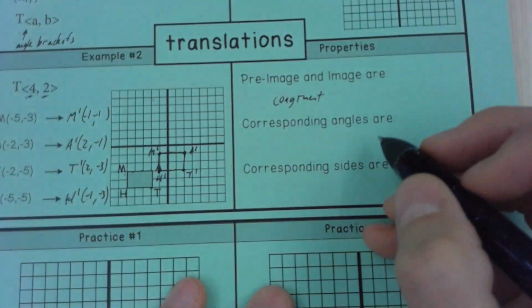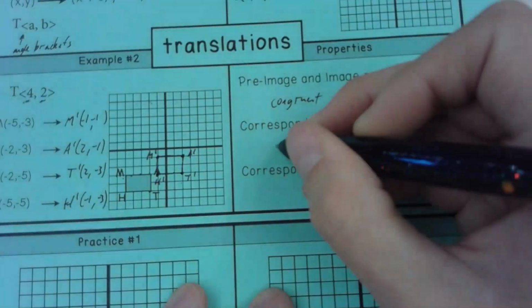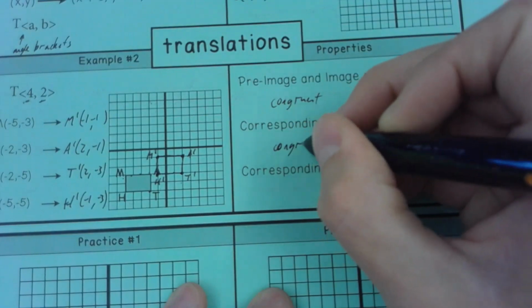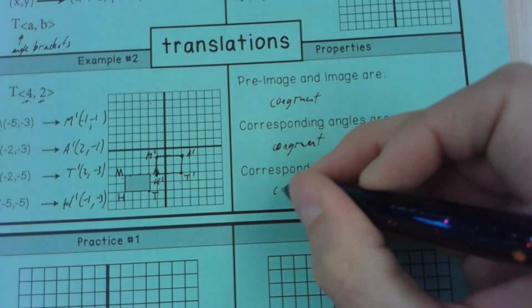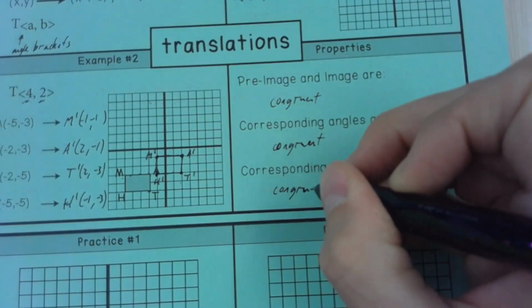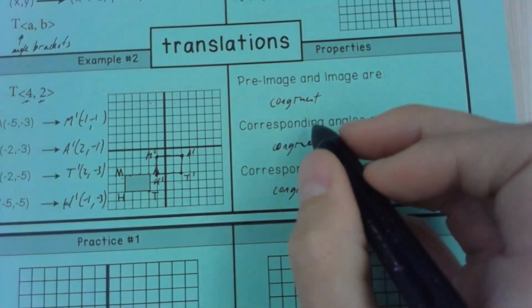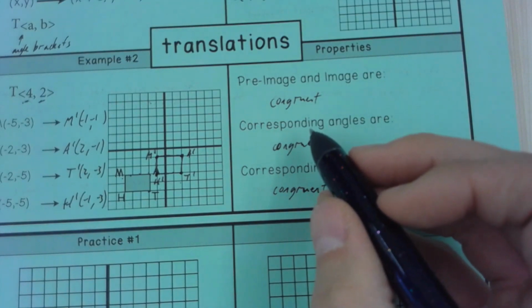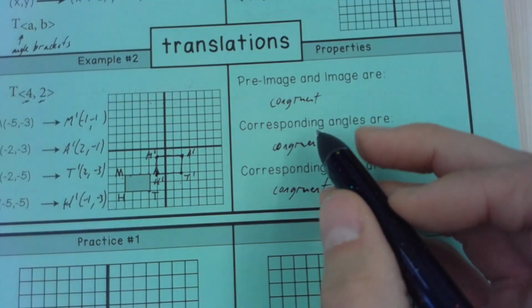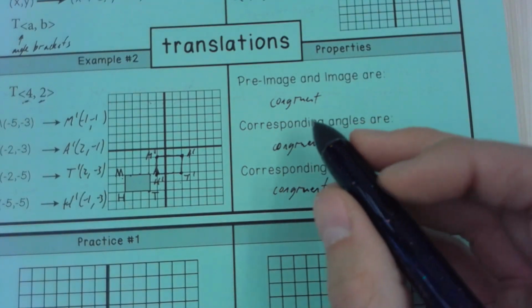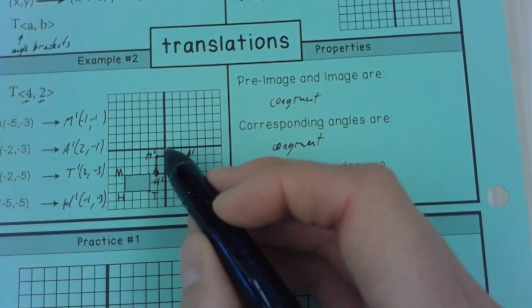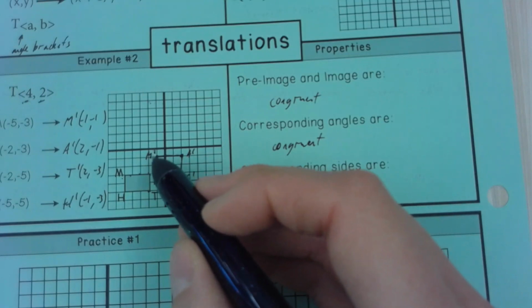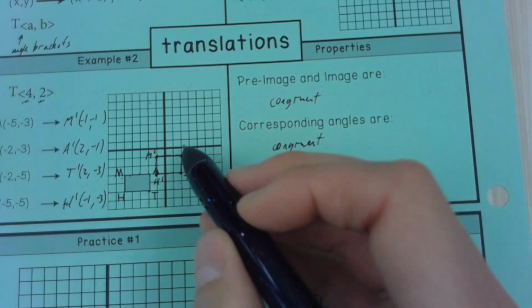All the corresponding angles are congruent. And all the corresponding sides are congruent. So that word corresponding, just like when we were talking about the angles formed by a transversal on parallel lines, corresponding angles have the same relative position. So when we talk about angle M, we're talking about angle M here. M prime is the corresponding angle on the image.